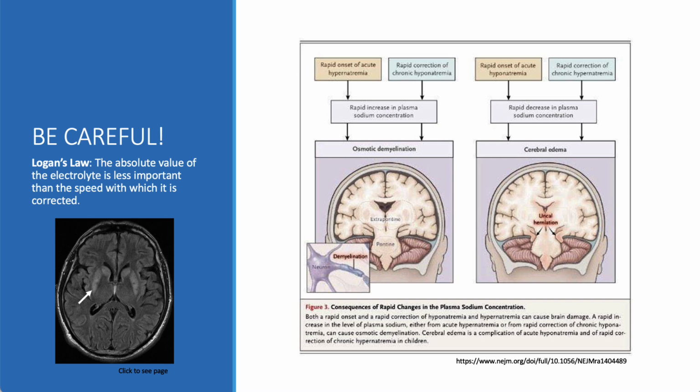Okay. Now, you have to be very careful. And I'm just joking, I named this Logan's Law. Remember we talked the other day that the absolute value of the electrolyte level is less important than the speed with which you correct it. So for instance, if you get rapid onset of acute hyponatremia, that means you suddenly lose a whole bunch of sodium from working out, over exercising or something like that, you can get cerebral edema, right?